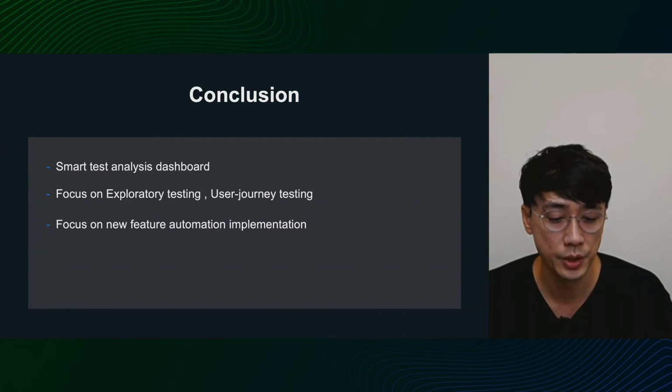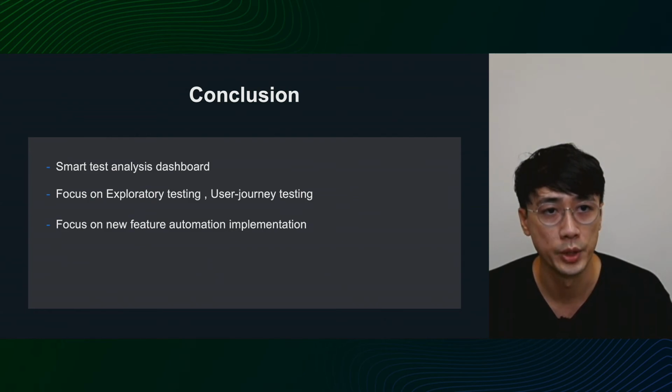So the conclusion here, 1, the smart test analysis dashboard. We record the data and analyze the result. Then, according to the prediction, to accurately resolve the bug, we use the dashboard to track the progress and real-time monitor, like today's automation testing current status.